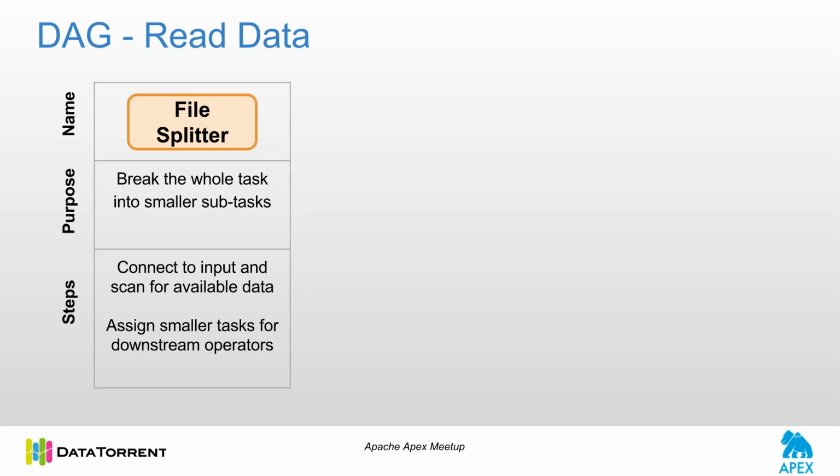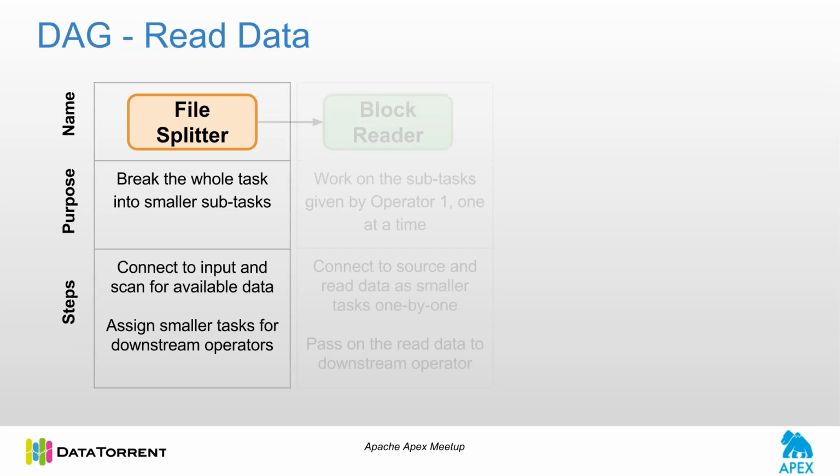So the work of the file splitter is, in case the files are big or the whole task is big, to split it into smaller ones and pass those smaller tasks to the next operator. As the step says, we have to connect to the input, scan the data, and then create or assign smaller tasks for the downstream operators. That's it. This will not actually copy data. This is just creating smaller tasks.